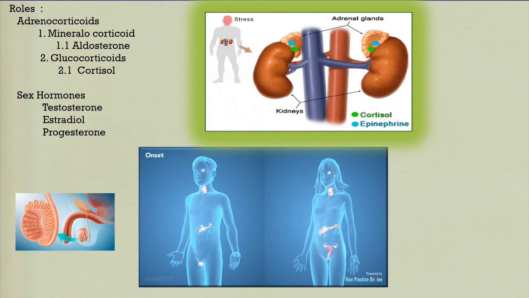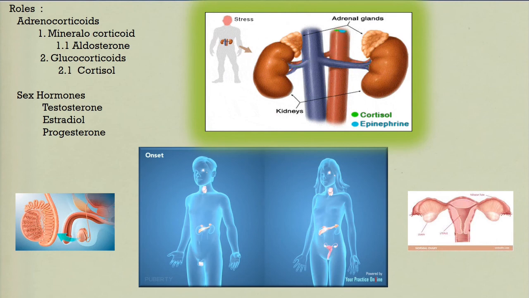Now, for the female, estradiol, or this is the precursor of estrogen. This originates from the ovary of a female. This is responsible for the regulation of the menstrual cycle, and the ovaries and the uterus are all involved in this process. And the luteinizing hormone triggers the ovulation. All of these are assumed by the steroids as a role in adrenocorticosteroids and the sex hormones.